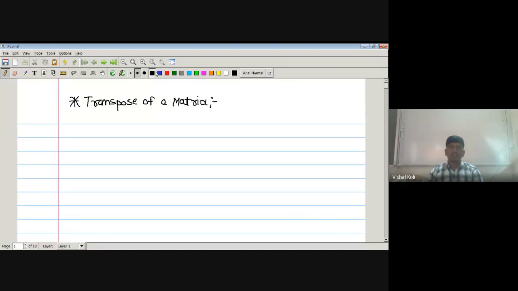Let us see its definition. Let A equal to Aij be an m cross n matrix.